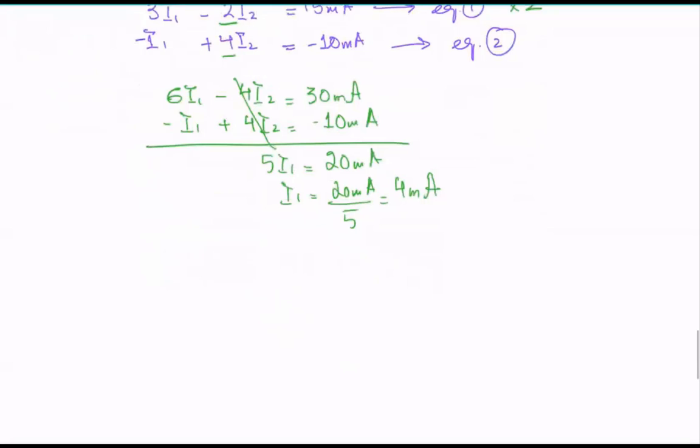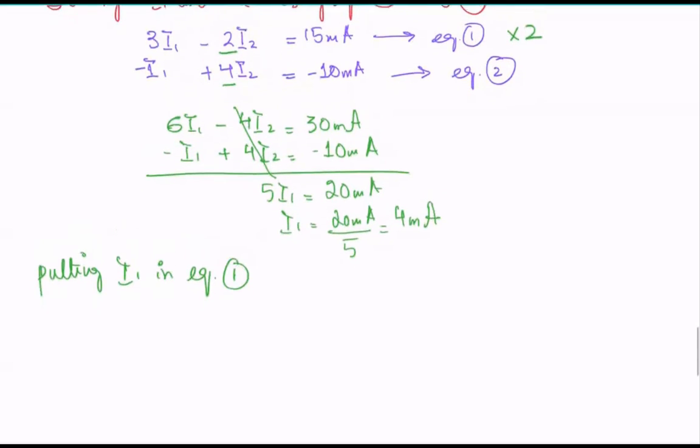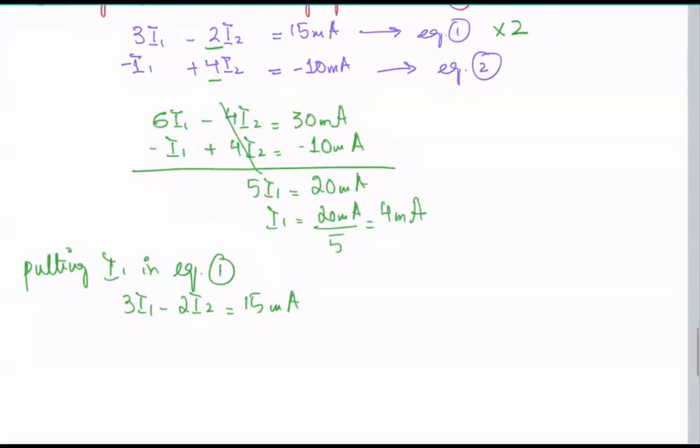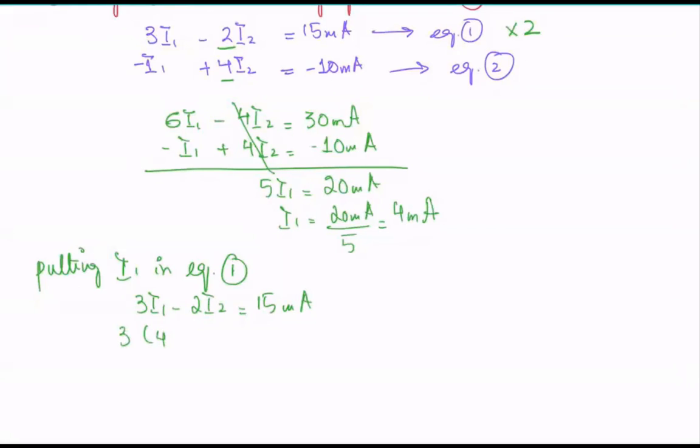Okay, putting I1 in equation 1. Let's rewrite equation 1. 3I1 minus 2I2 equals 15 milliamp, right? I1 is 4 milliamp, so I'm just going to say 4 milliamp here.